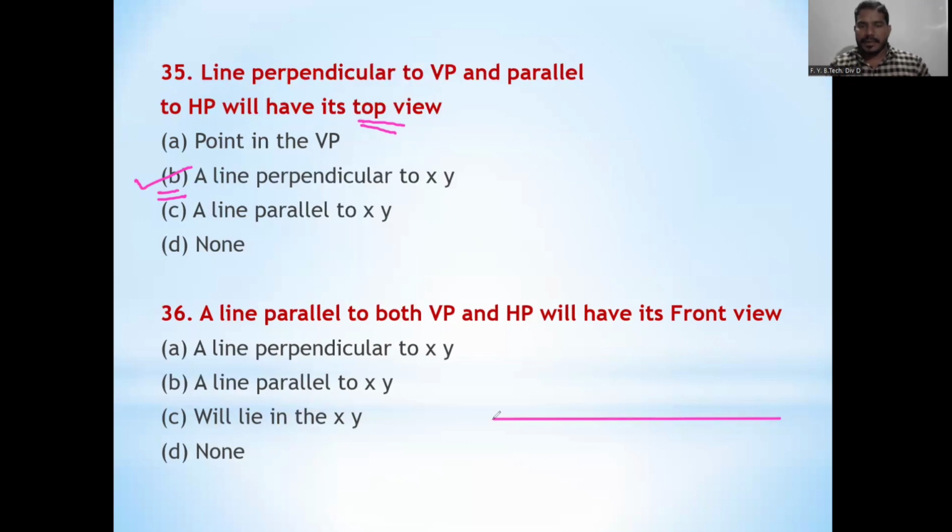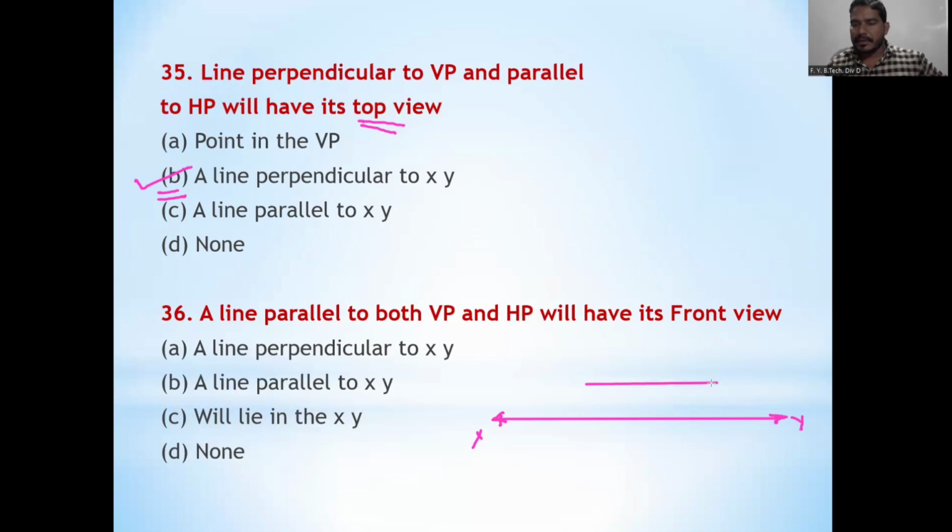So this is the XY. If this is the case, this line is parallel to the VP and HP. Then what is the front view? We'll get a line parallel to the XY, and whatever the top view is, that will also be parallel to the XY. Our view will be like this.